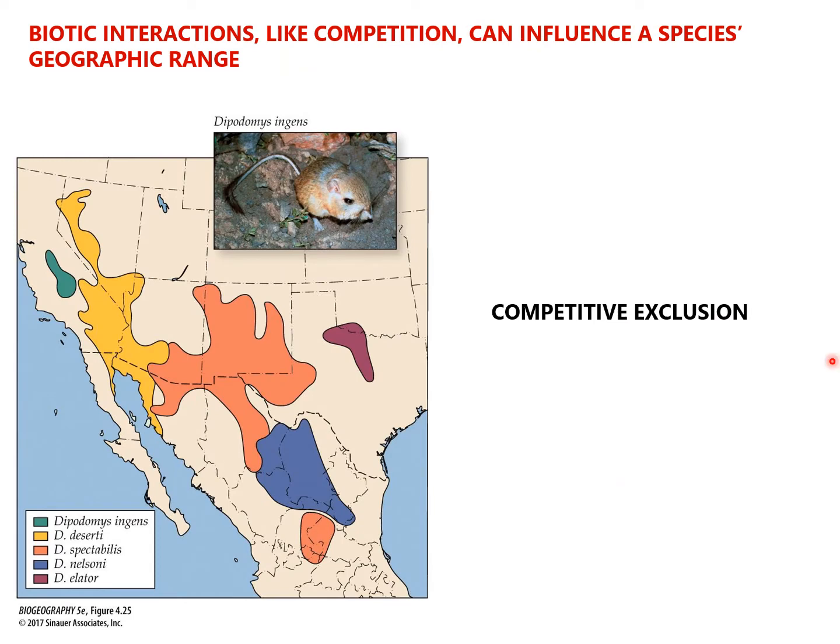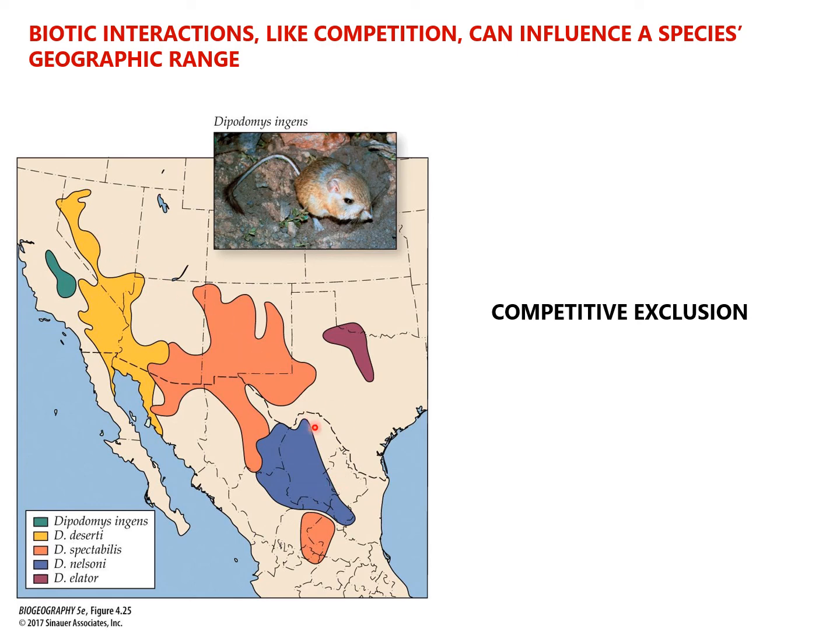Biotic interactions can also influence a species' geographic range. I think you probably read a little bit about this, but something called competitive exclusion is pretty common, where here we have several species of small mammals that are very similar and probably all have highly similar fundamental geographic range and fundamental ecological niche.